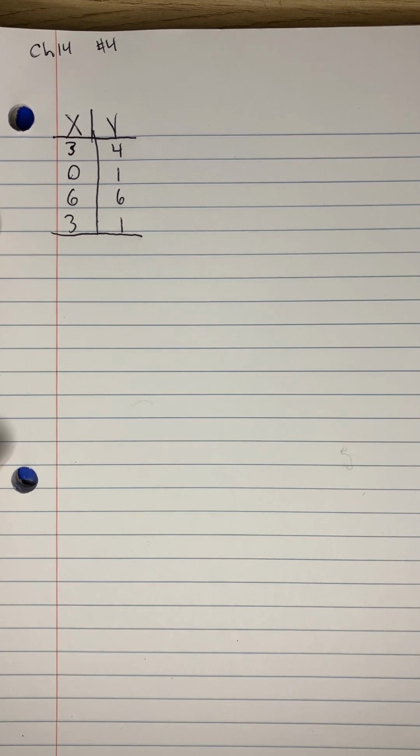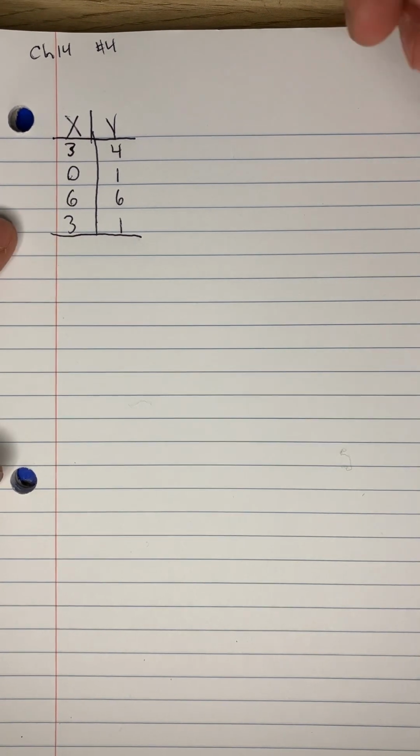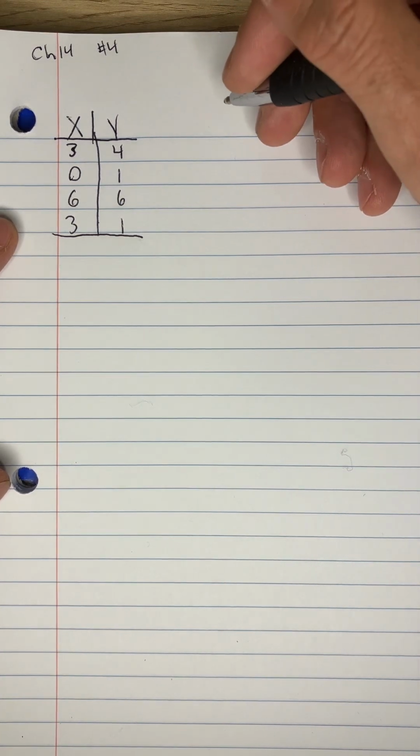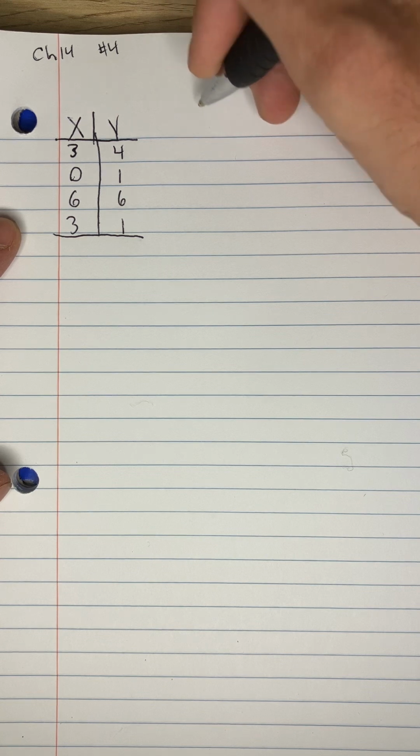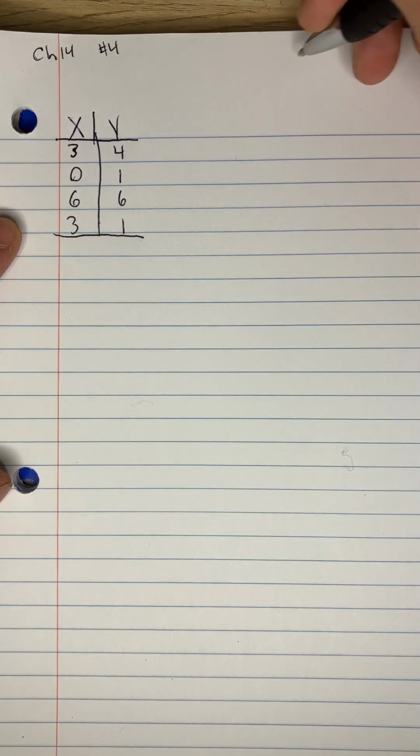This is chapter 14, number 4. We're asked to compute the Pearson correlation. So the Pearson correlation is, again, I'll put the formulas over here, on the right.